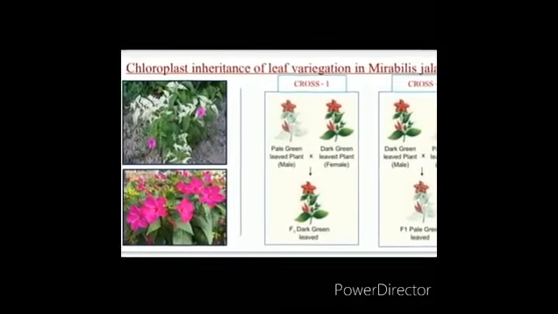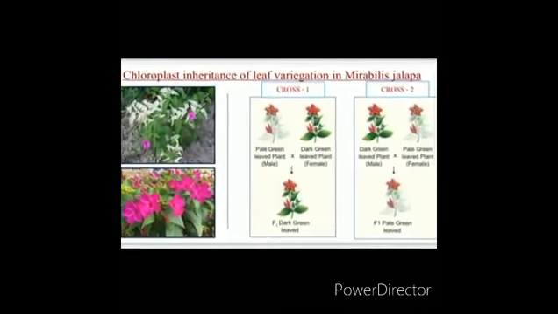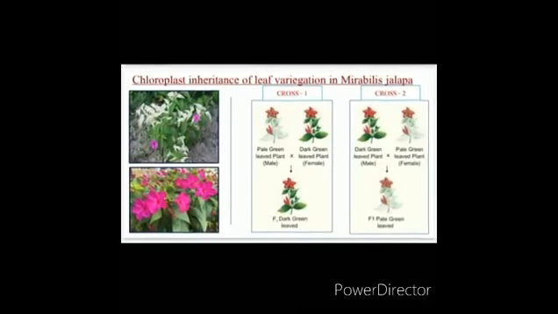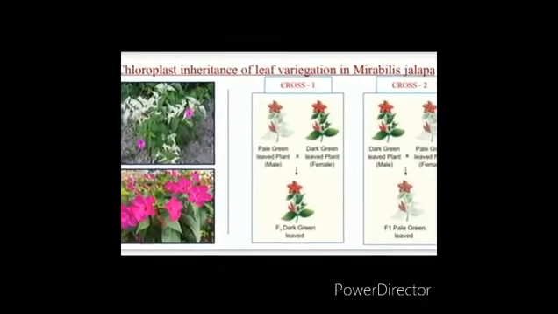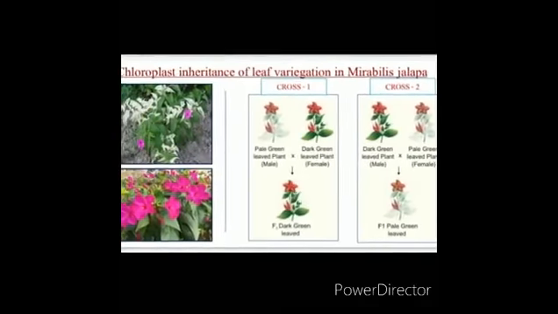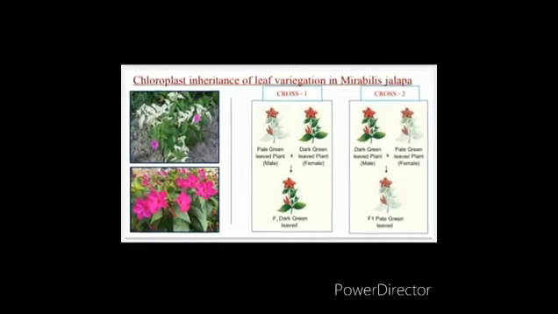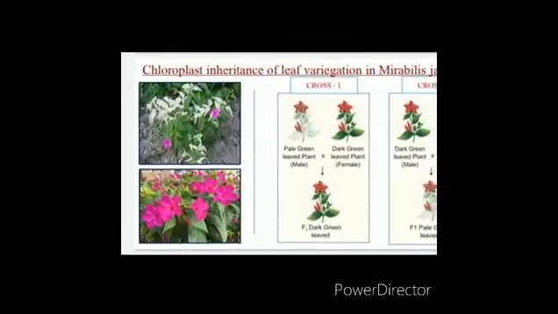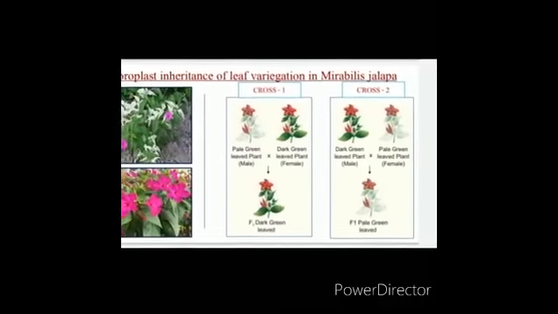In the F1 generation, the dark green leaved plant is obtained. In cross 2, the pollen of dark green leaved plant, the male, is crossed with the stigma of pale green leaved plant, the female. In the F1 generation, pale green leaved plant is obtained.